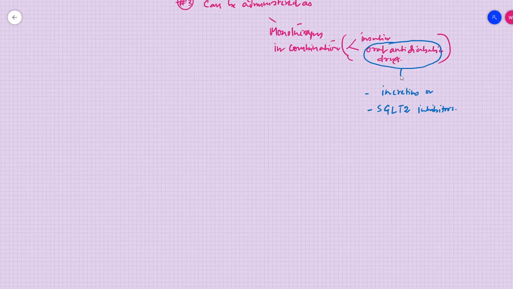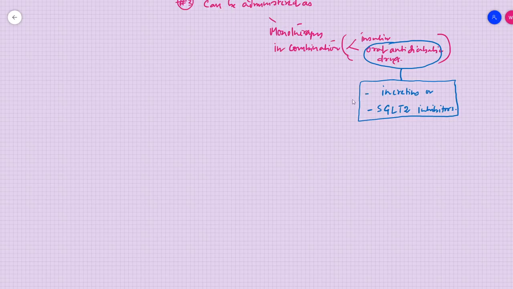But the preferred combination is with incretins or the sodium glucose transporter 2 inhibitors, which reduce the reabsorption of glucose from the renal tubule. So this is the preferred combination.